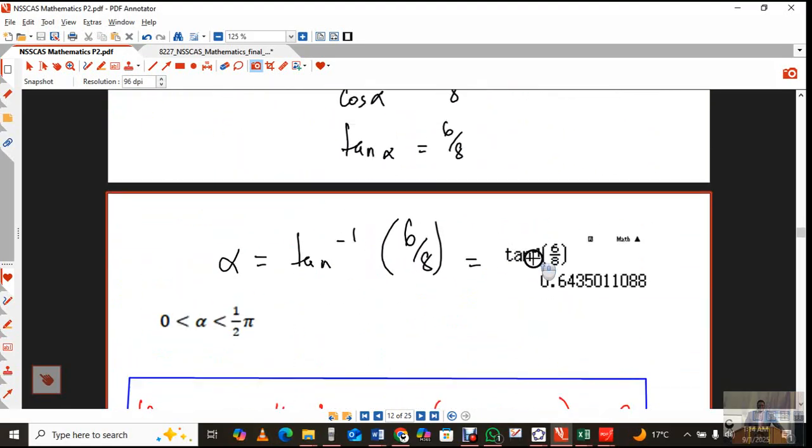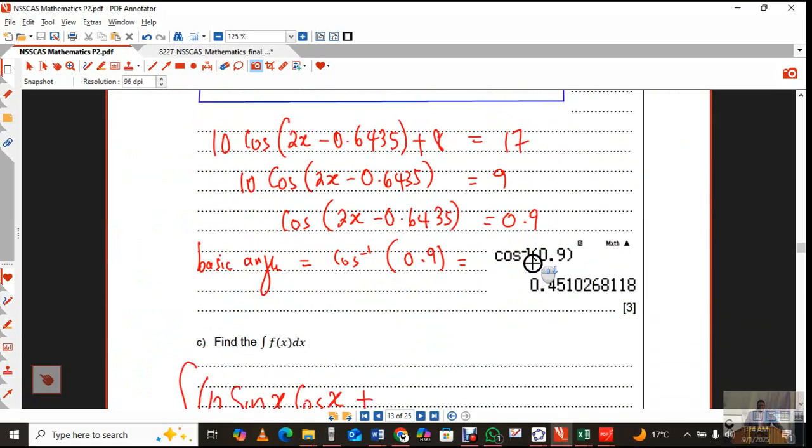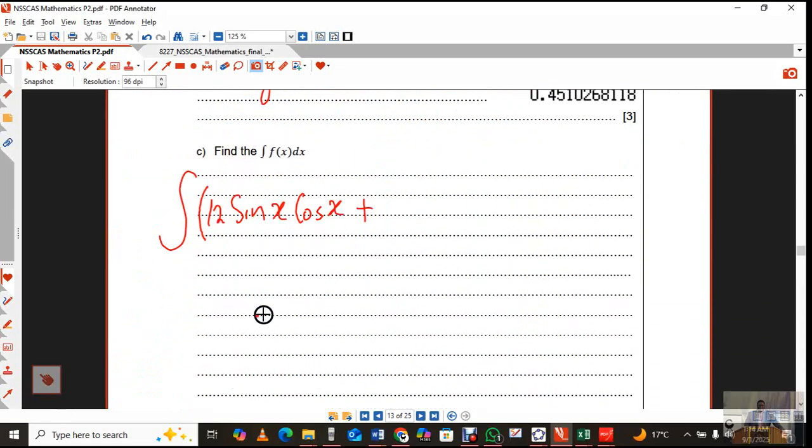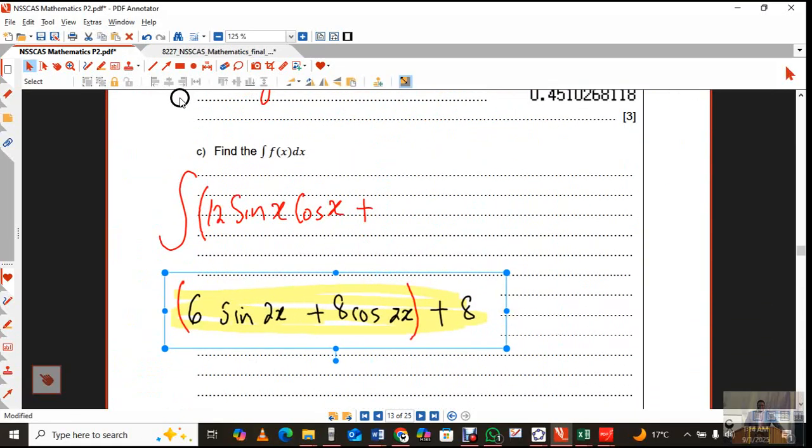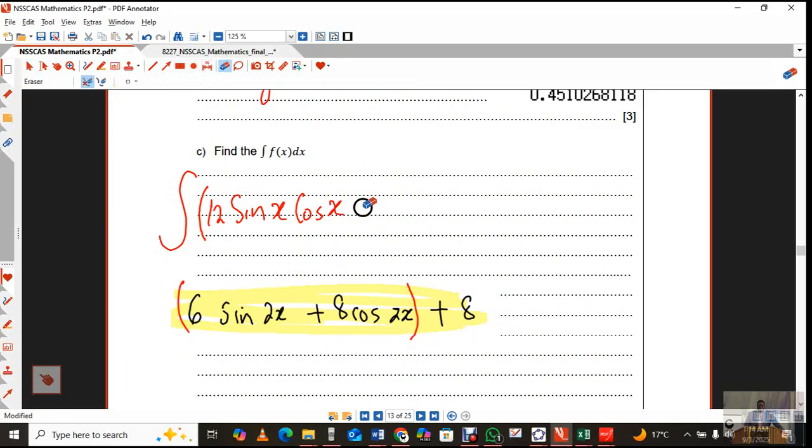So let's go back all the way to here, just rewrite and just take away this stuff over here because this is good. So I'm going to replace this with 6 sine 2x plus 8.